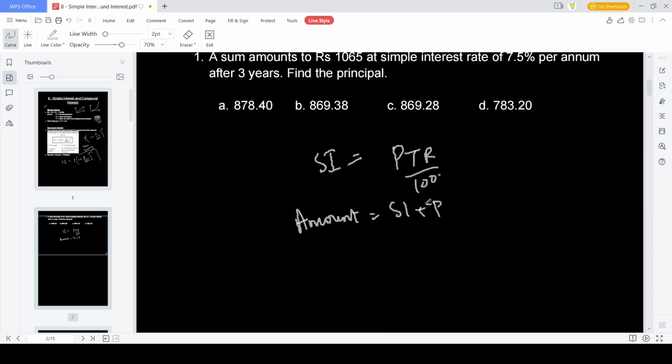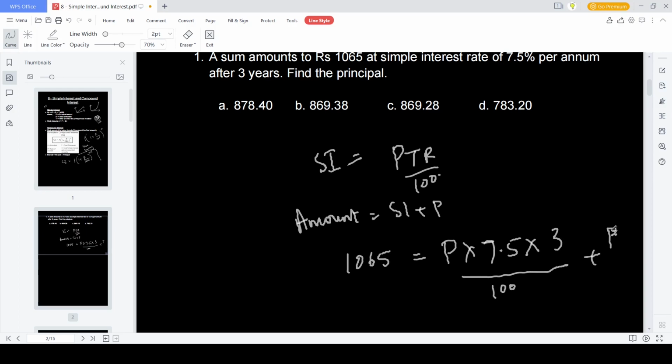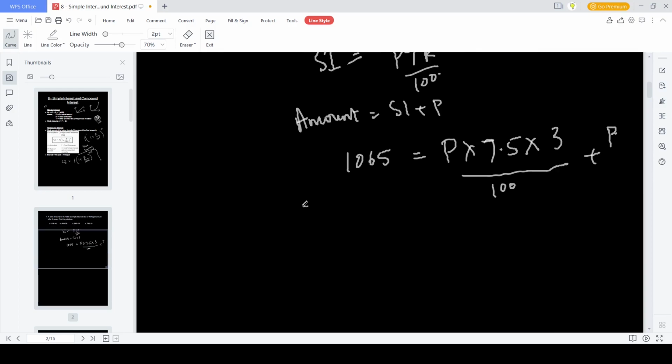So 1065 is equal to P into 7.5 into 3 divided by 100, plus P. If we take P common, we get 1065 is equal to P into (7.5 into 3 is 22.5, by 100 plus 1).